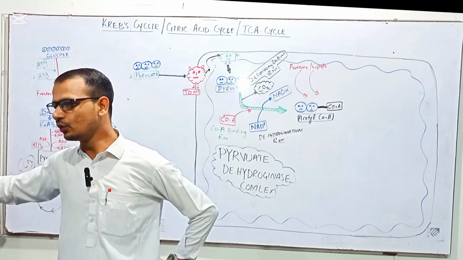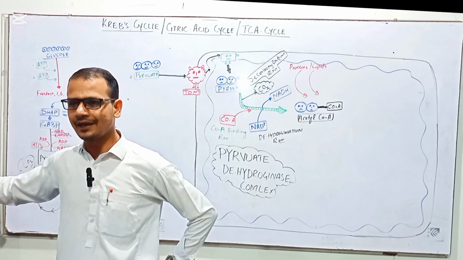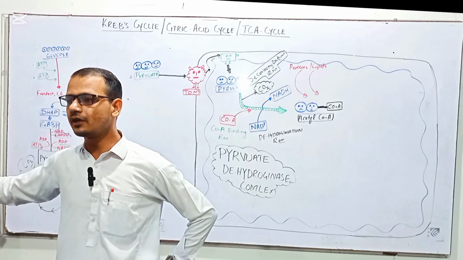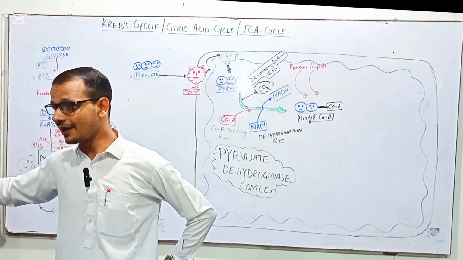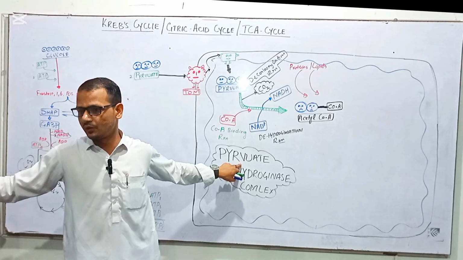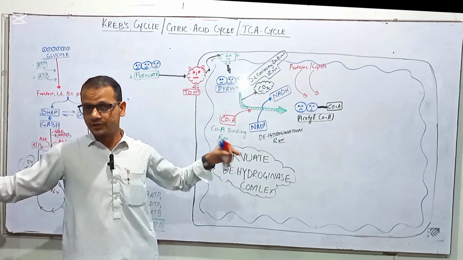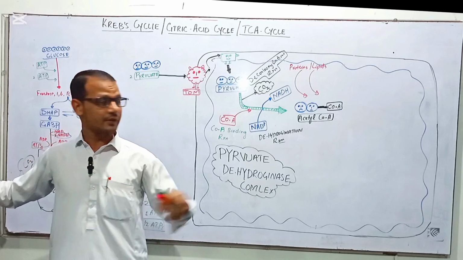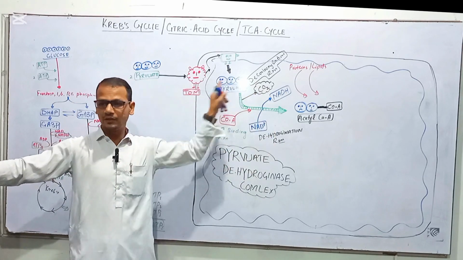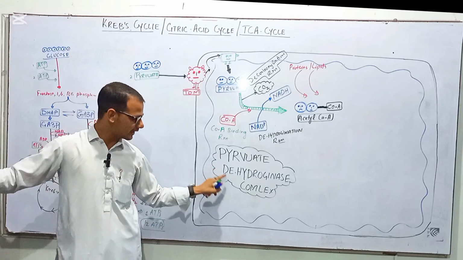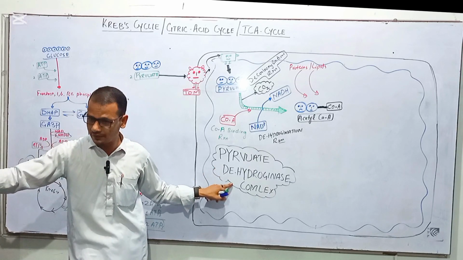The second, E2, is called dihydrolipoyl transacetylase enzyme, and the last one is called dihydrolipoyl dehydrogenase enzyme, right? These E1, E2 and E3 are responsible for regulating these three reactions. There are three reactions and three enzymes, so it is called the pyruvate dehydrogenase reaction.